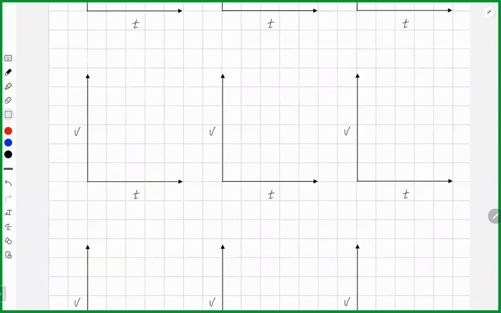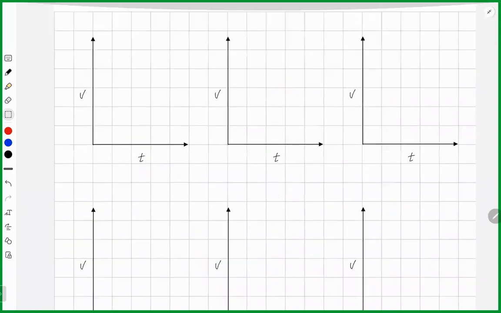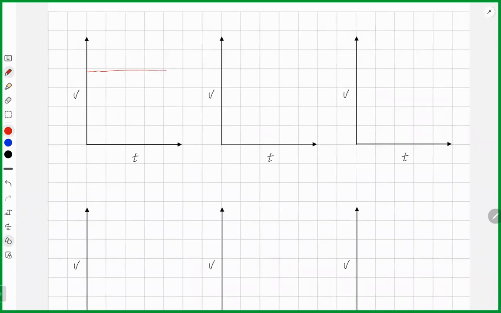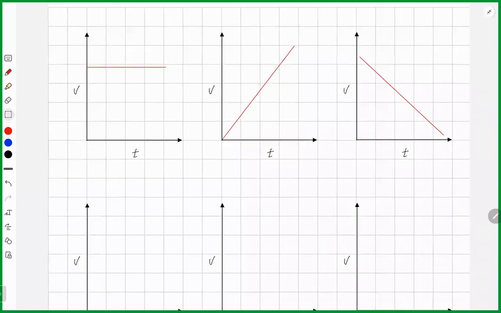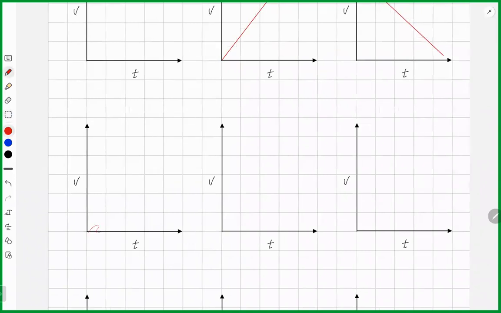First one is this, this, this, in the fourth one, the line is a horizontal line right on time axis.